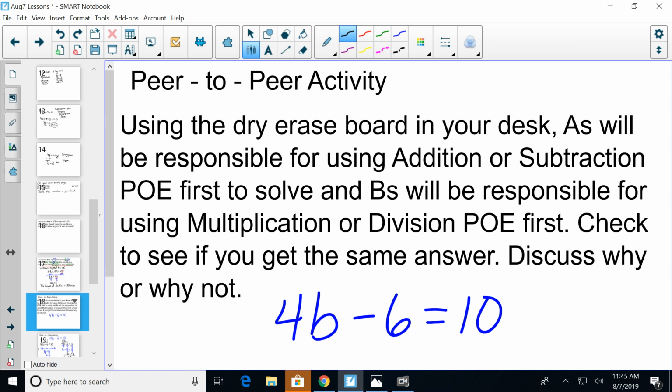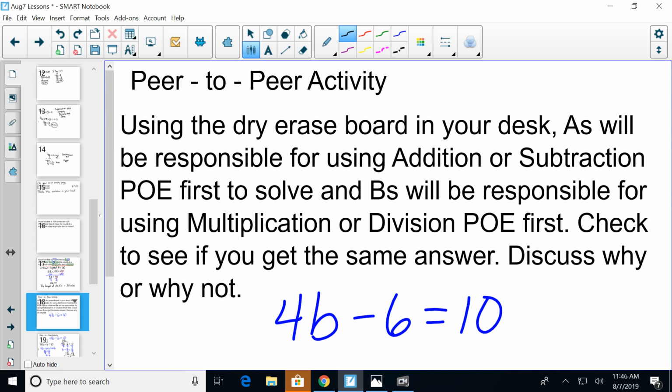And what you're going to do is you are going to check answers with your neighbor to make sure that you guys have the same answer. If you don't have the same answer, then you guys need to discuss why you didn't get the same answer. I'm going to go ahead and tell you. Everybody should get the same answer. All right? So you are working the problem. You're solving for B. 4B minus 6 equals 10.